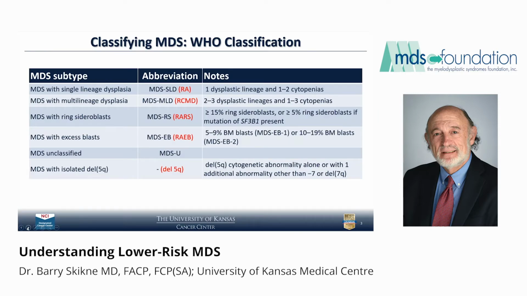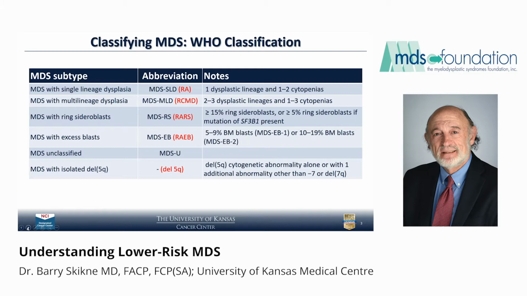So the initial piece that I want to talk about is how one classifies myelodysplastic syndrome, and this is based on the WHO classification. There have been a number of different versions over the years of classifications of MDS, but this is the latest one. It classifies MDS into 6 different subtypes.